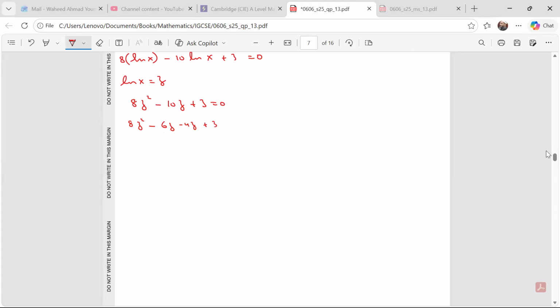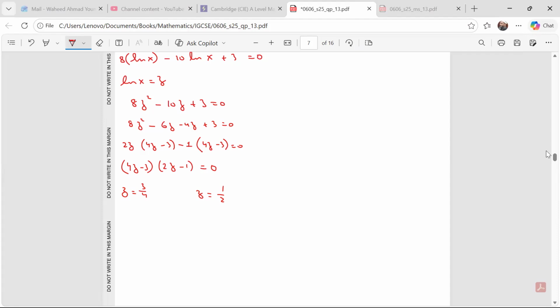From here, I can take 2z common, it is 4z minus 3, and from here I can take 1 common and it will be 4z minus 3. So 4z minus 3 is one factor and 2z minus 1 is another factor. From the first, z is equal to 3 by 4, and the second gives z equals 1 by 2.